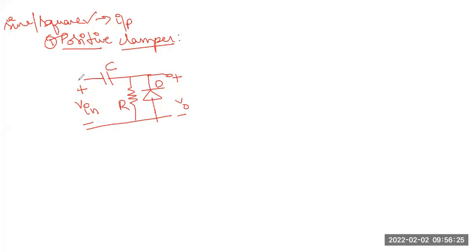I have taken a square wave because in a square wave you have only two reference voltages: either the maximum voltage or the zero voltage, or a negative voltage. Whereas with a sine wave, at each and every instant of time the amplitude is going to change. In a square wave, it is not so. That is the only reason why we take the square wave as the input for understanding the clamping operation.